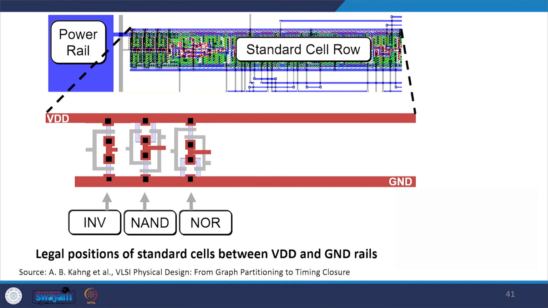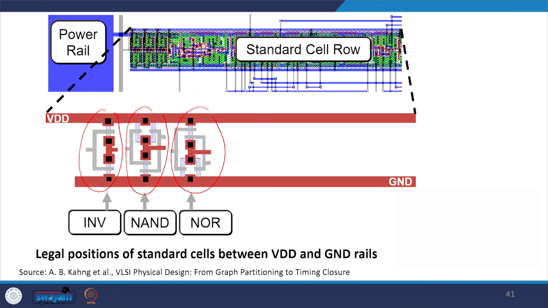If you look at this slide, we have multiple standard cells. For example, this is an inverter, this is a NAND, this is a NOR, and they have a power grid or power line. For each cell, VDD and ground are constructed in metal 1. By design, if you place them together in a row, it will automatically create the power grid in metal 1.